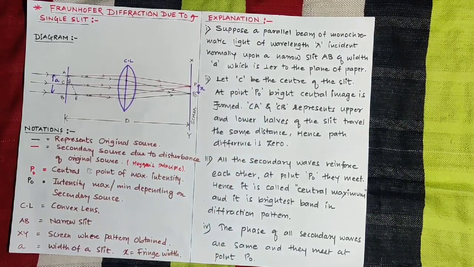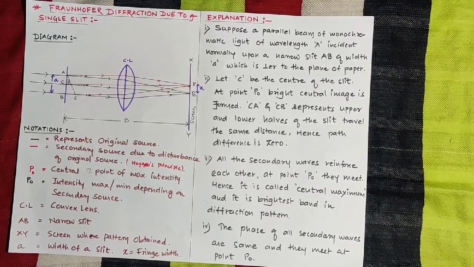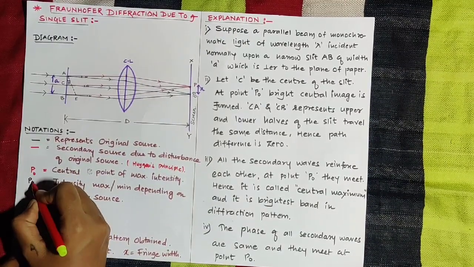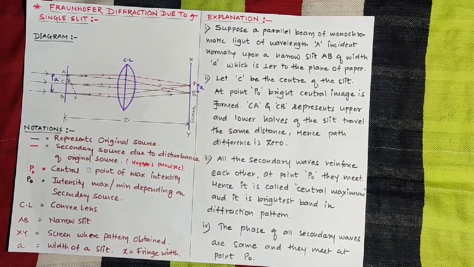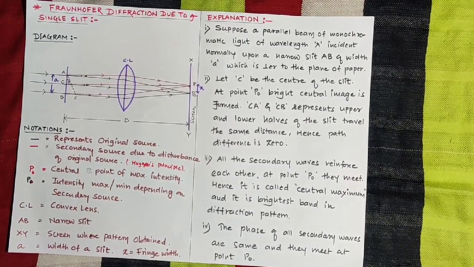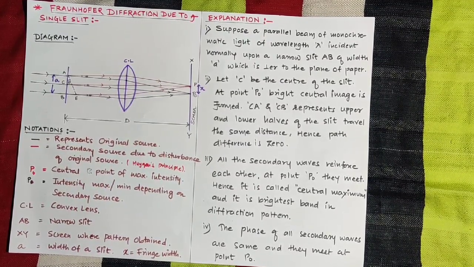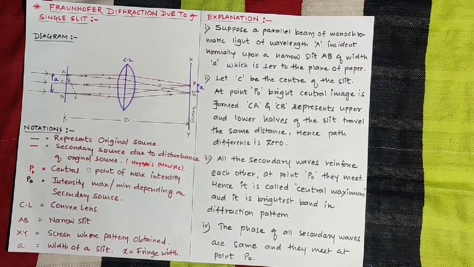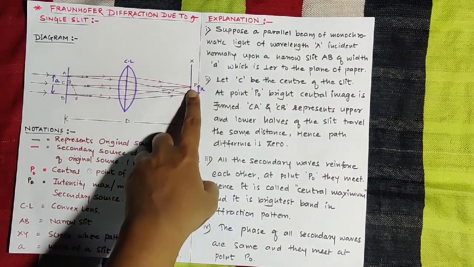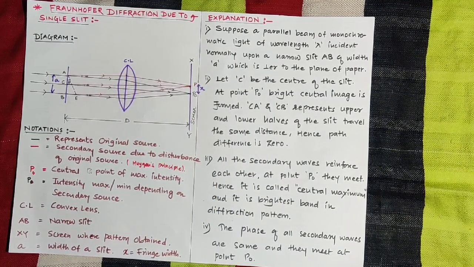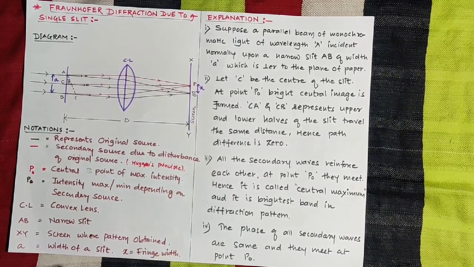P0 is called the central point of maximum intensity, whereas P is the intensity of the band depending on the secondary sources. That means if the intensity is maximum, then the wavelength of the light is maximum, and if the intensity is minimum, the wavelength of light is minimum. Because of that, the other point P we have considered in terms of maximum and minimum intensity depending on the secondary sources.